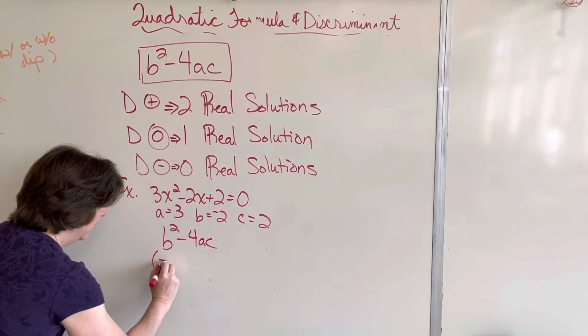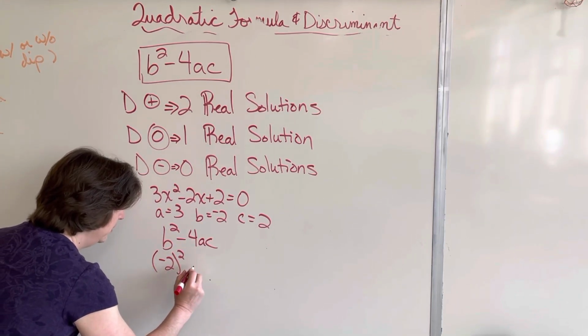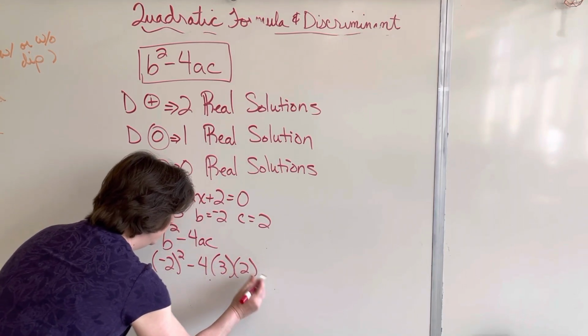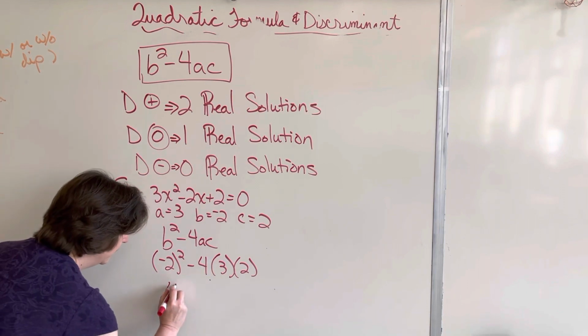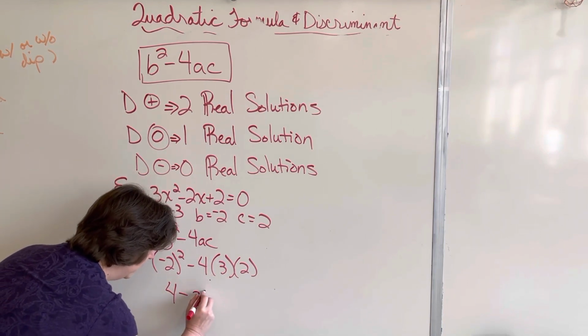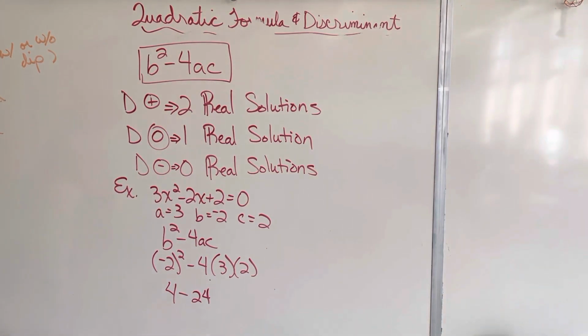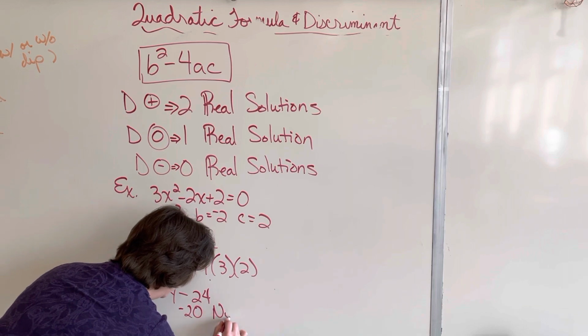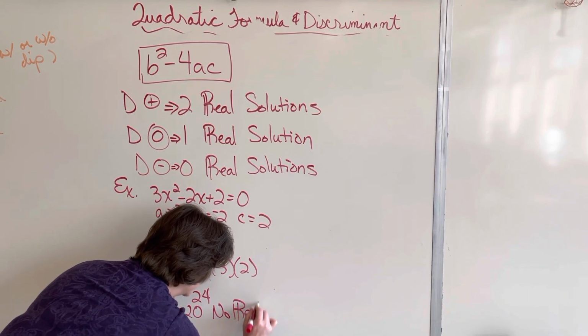Once again, use parentheses with your squared. a is 3, c is 2. So this is 4 minus 24. 4 minus 24 is negative 20, so there are no real solutions.